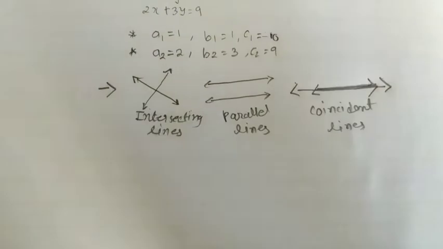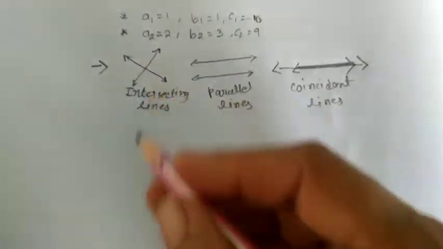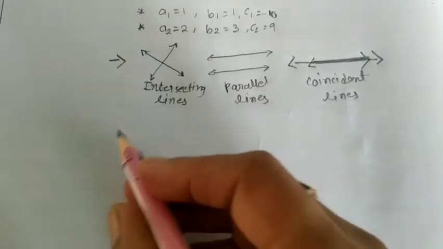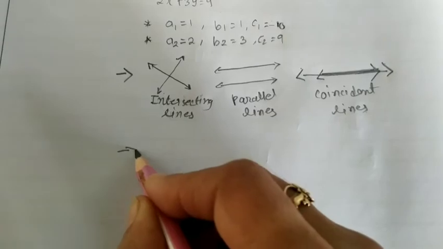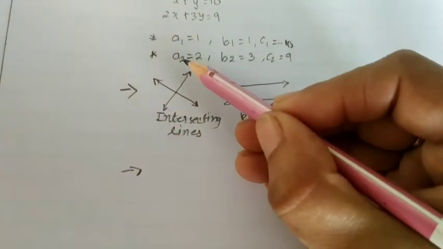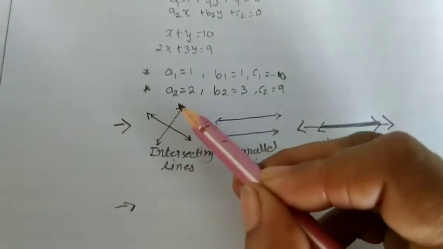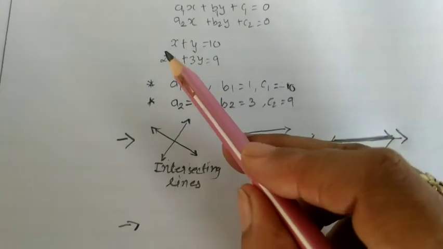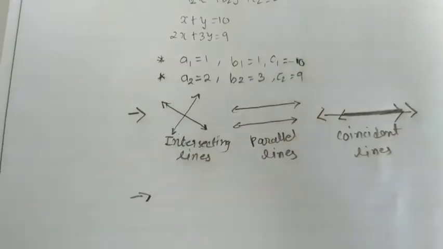How do we get this kind of graph? It has a few conditions, let me introduce them. Here are the three conditions. If in the equations the ratios a1 upon a2, b1 upon b2 and c1 upon c2 are all three different, as here 1 upon 2, 1 upon 3 and 10 upon 9.